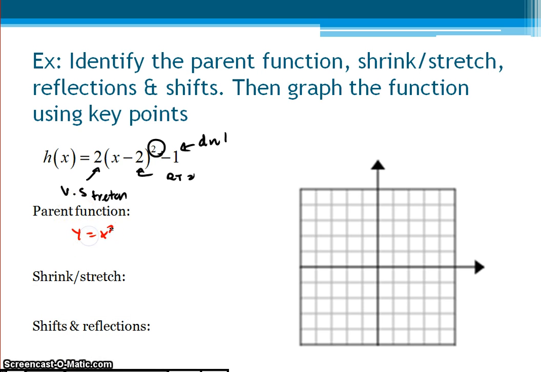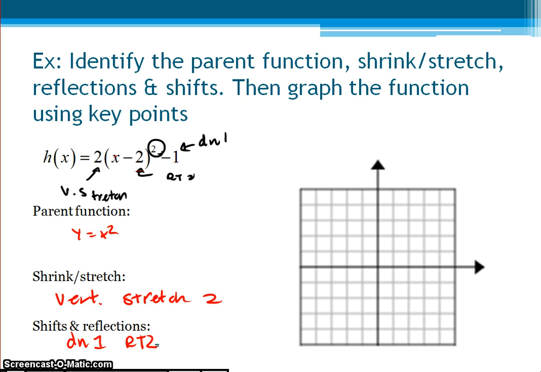So it's y equals x squared. My shrink and stretch, it's a vertical stretch of 2. And it's a vertical because it's outside the function. If it's inside the squaring function, it would be a horizontal. And shifts and reflections, they were down 1 and right 2.